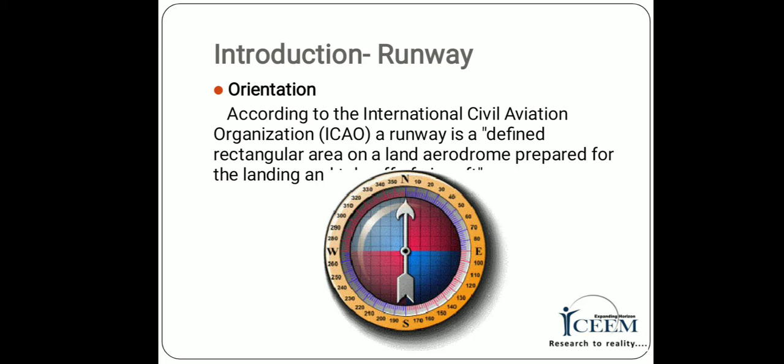The correct runway orientation maximizes the possible use of the runway throughout the year, accounting for a wide variety of wind conditions. Federal Aviation Administration and ICAO regulations establish rules about runway orientation and their expected coverage.